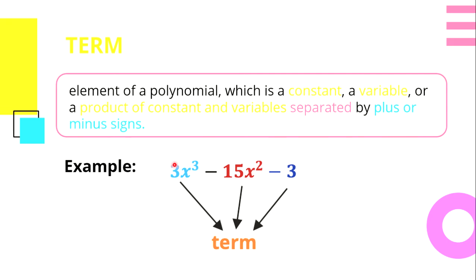In this given expression, we have three terms, first, second, third, and they are separated by minus signs. It's either plus or minus, but in this example, they are separated by minus signs. So that is the meaning of term.